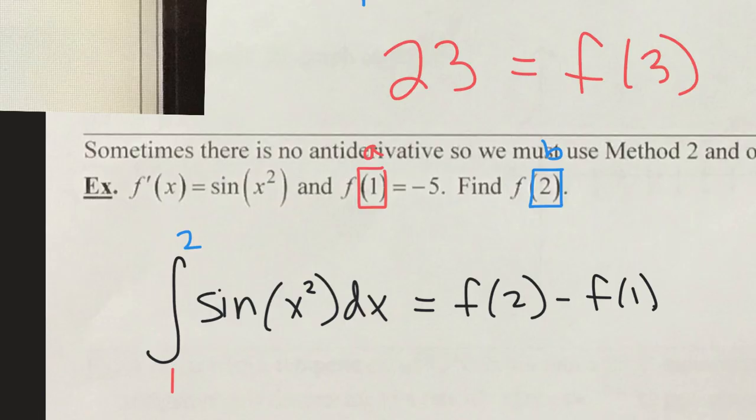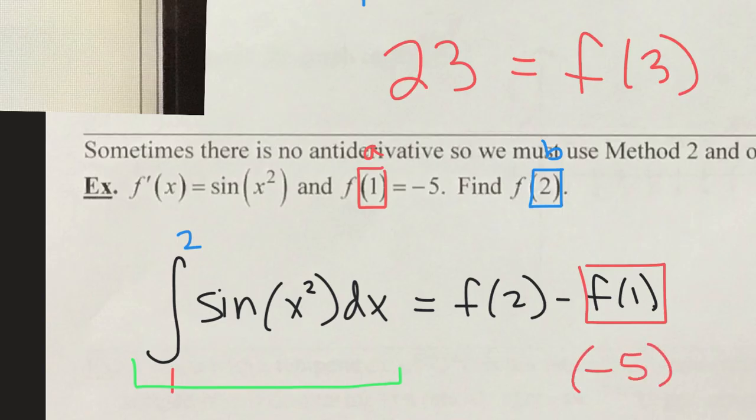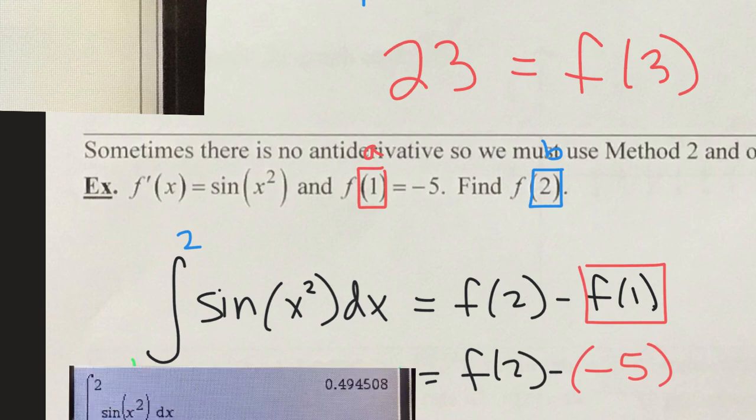Now we're going to use our calculator to help us figure out what that number is. We know that f of 1 is -5. Right? F of 1 is -5. So now let's figure out what our integral of sine of x squared dx from 1 to 2 is.